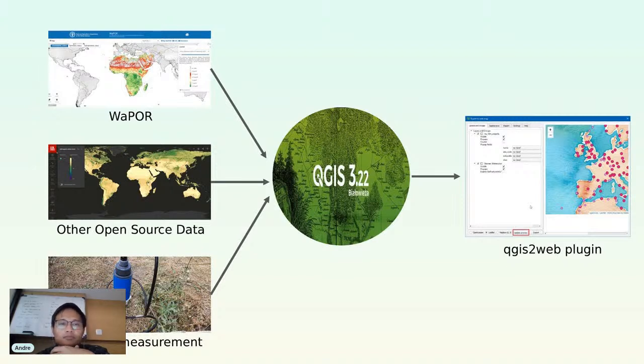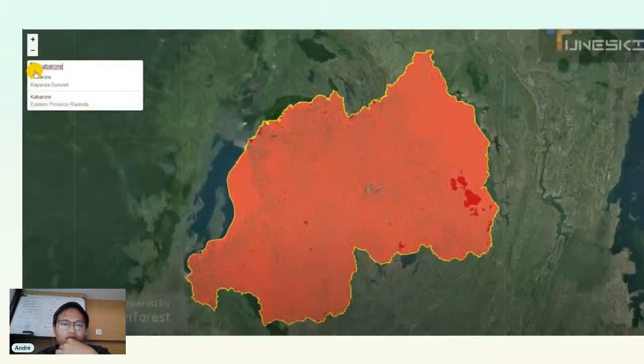Then we combine all of the data as the input and process it in QGIS. And from this QGIS, we then develop a QGIS to web plugin to develop the Aquamos, to generate data and provide data for the farmers.